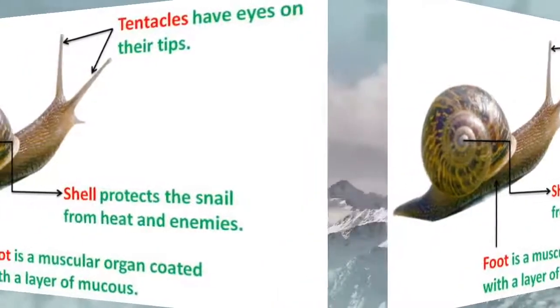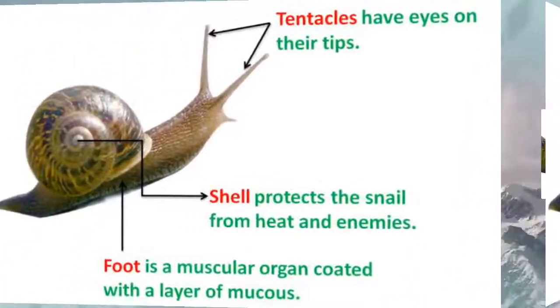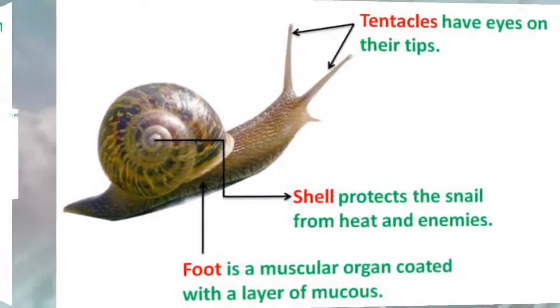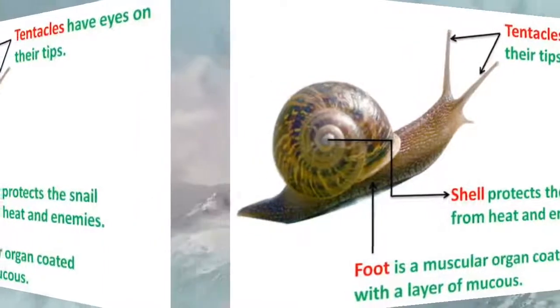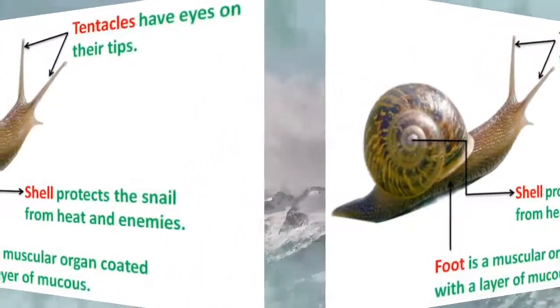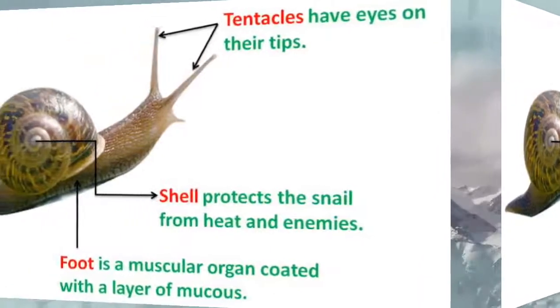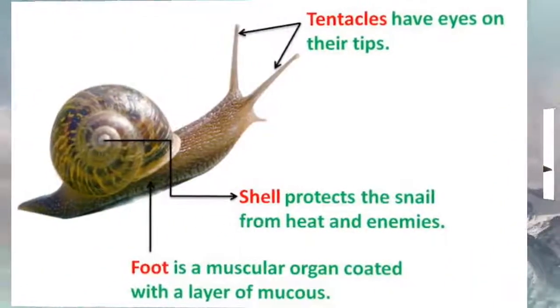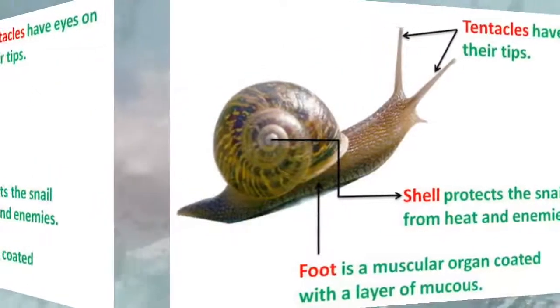The sticky mucus reduces the friction between the foot and the ground. उन दोनों के बीच का फ्रिक्शन लेवल कम कर देता है. Because of that, the snail can move easily by offering a smoother surface to crawl on, thus enabling the snail to move on a variety of surfaces.